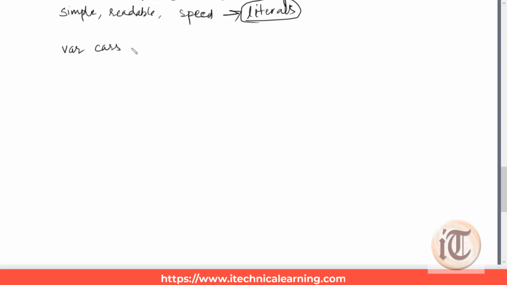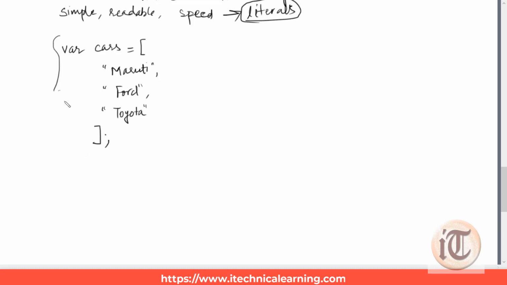Say cars equals, then I'll say bracket, and to make it more readable and clean coding, I'll write my first item "Maruti", then I'll put a comma, then at the next line I'll say "Ford", double quotes, comma, then I'll say "Toyota", double quotes, and then I'll close the bracket, and then I'll put a semicolon.